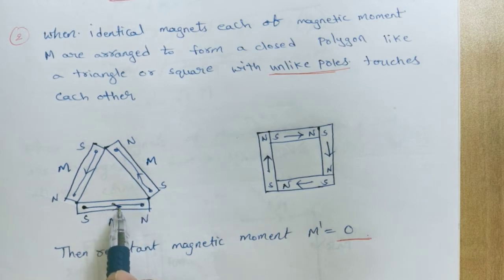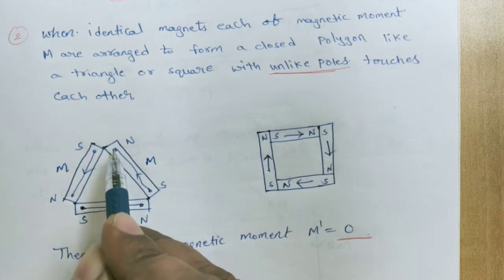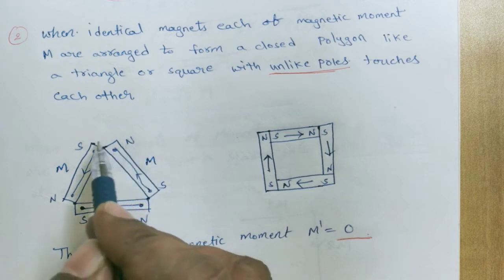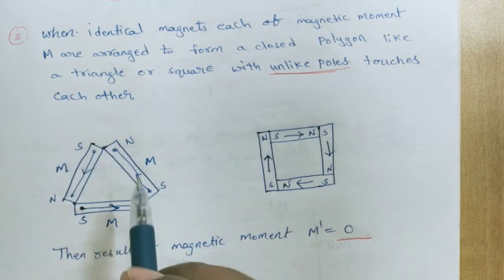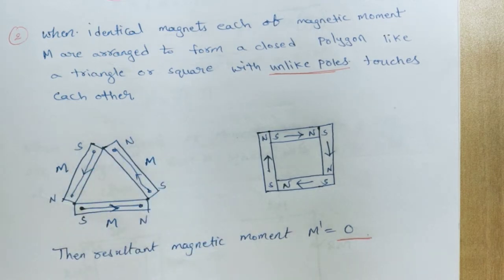Here also the same thing, here also the same thing. This is a closed polygon. In this condition the resultant magnetic moment becomes 0. In closed polygon conditions, for identical magnets, the resultant magnetic moment is 0.